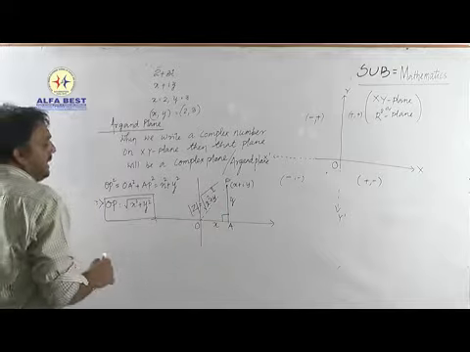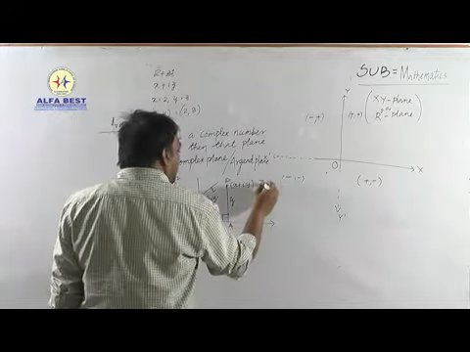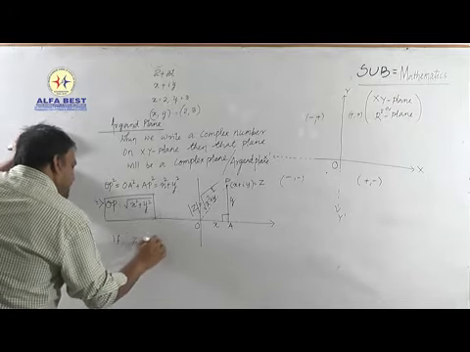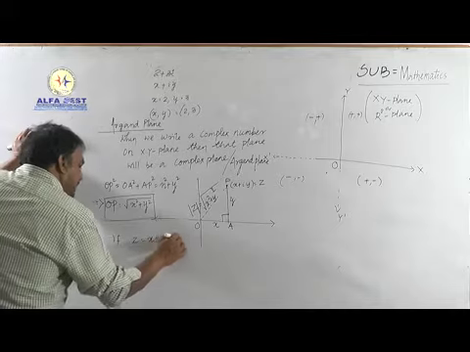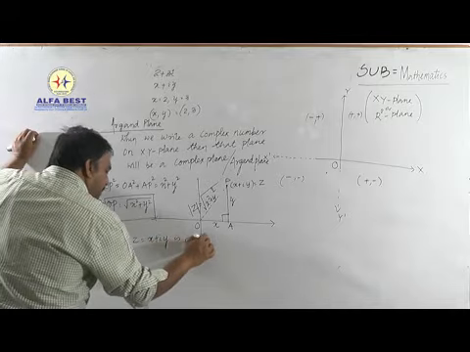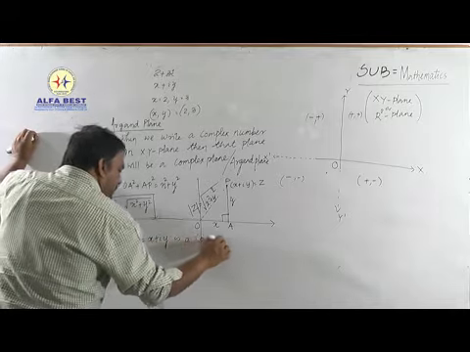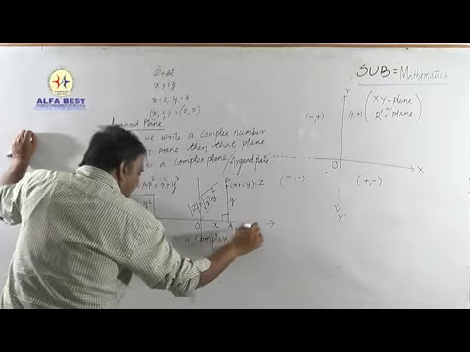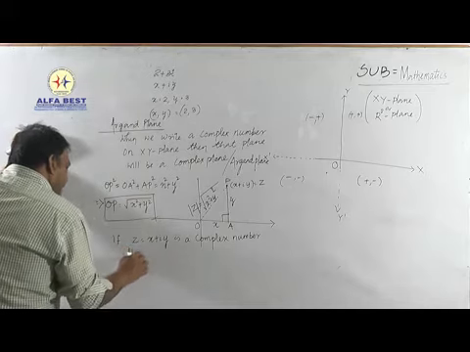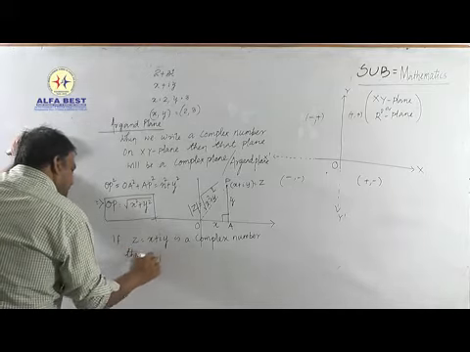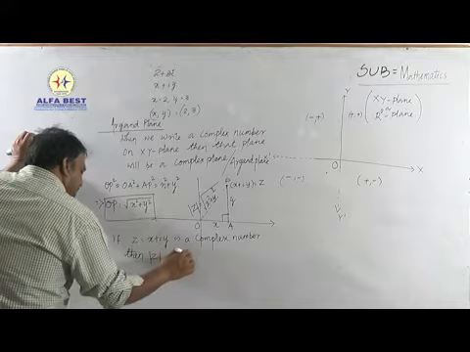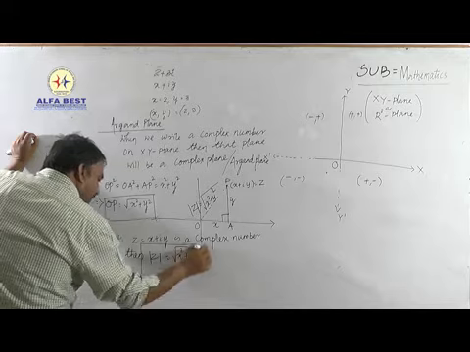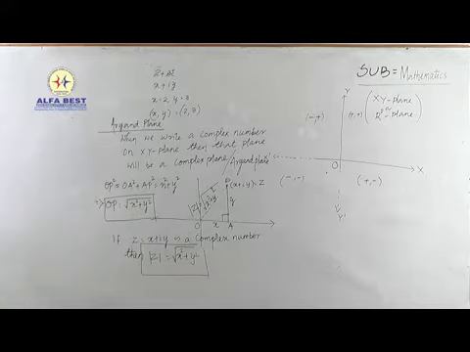So if z is equal to x plus iy is a complex number, then you can write mod z as root over x square plus y square. Okay, this is the modulus of z.